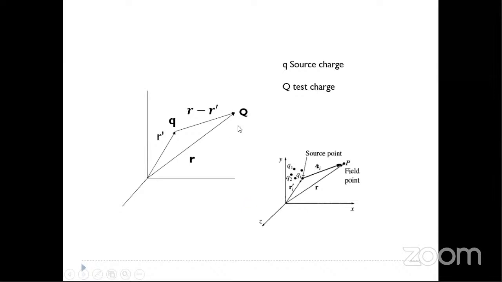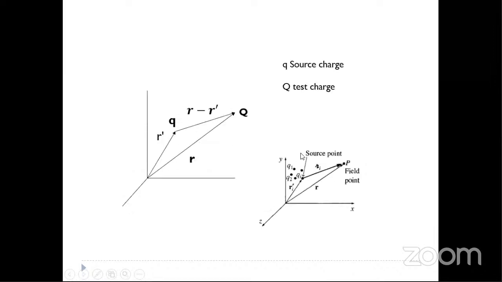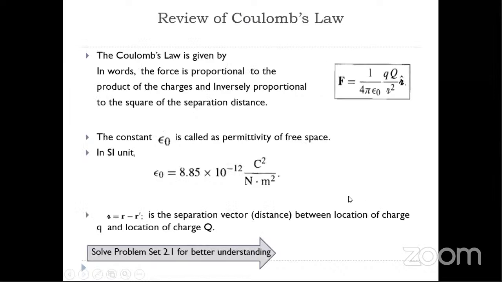I will apply the principle of superposition, which gives this equation: the total force acting on a test charge is a superposition of forces due to individual charges in the system of charges. So this makes the situation and geometry clear, the representation in Griffith's book clear, and the nomenclature clear, whether it is a source point or a field point.